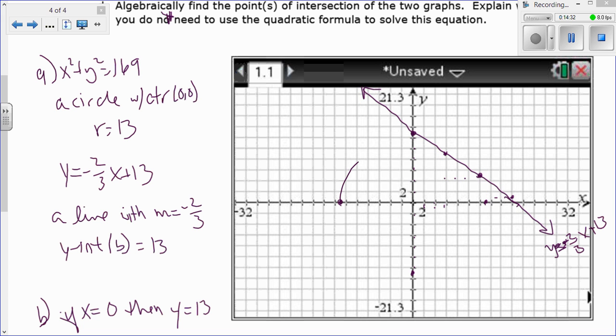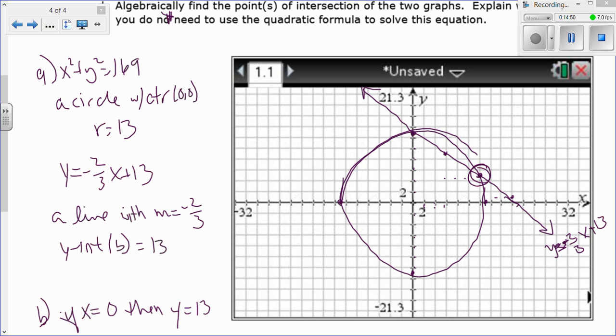And I'm going to do my best to draw a beautiful circle. Ooh, and that is not a nice circle. Yeah, that is why we use a compass.